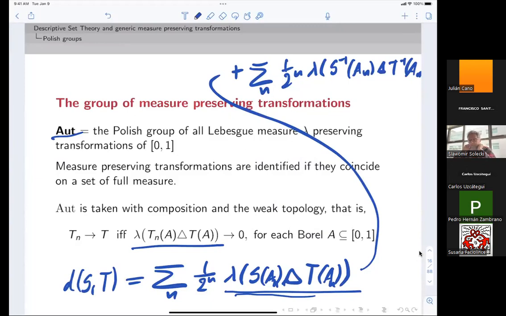It will give the same topology as after adding the inverses, but it will not be complete. If we add the inverses, we get completeness, but we lose invariance. So that's what it is.